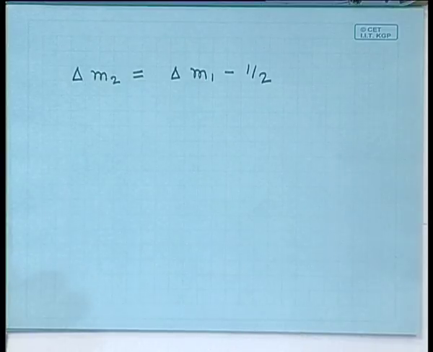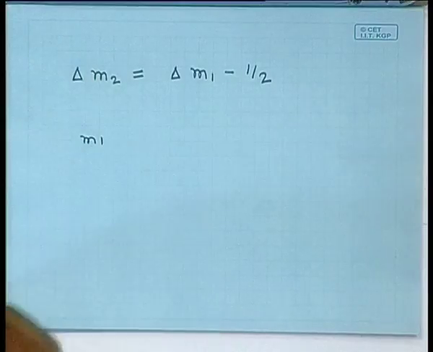So, what have we done? We have moved one of the mirrors. This is going to change the order of the central fringe for the two wavelengths, and we move the mirror so that the change in the order of the fringe for one wavelength and the change in the order of the fringe for the other wavelength differ by half.